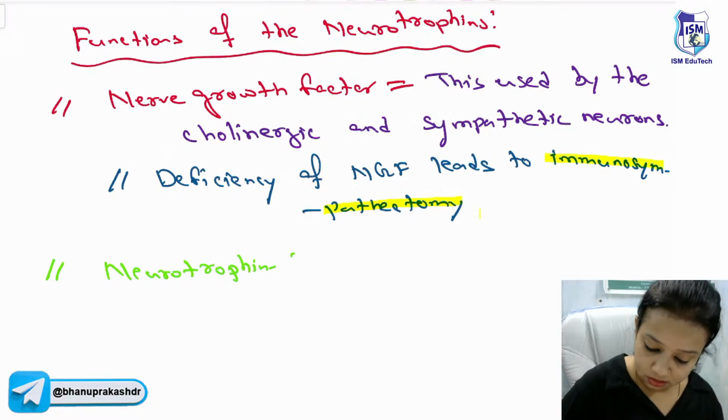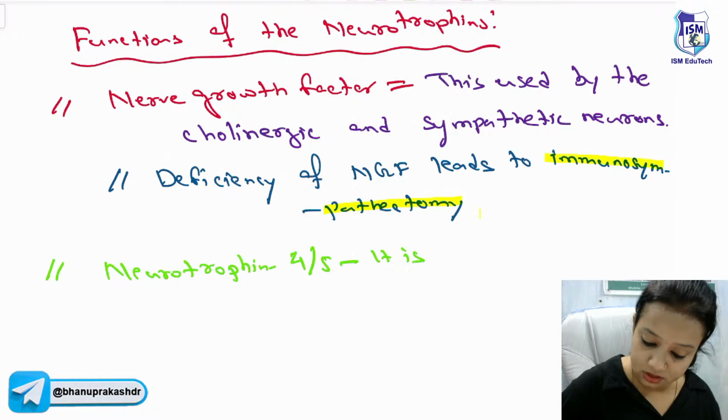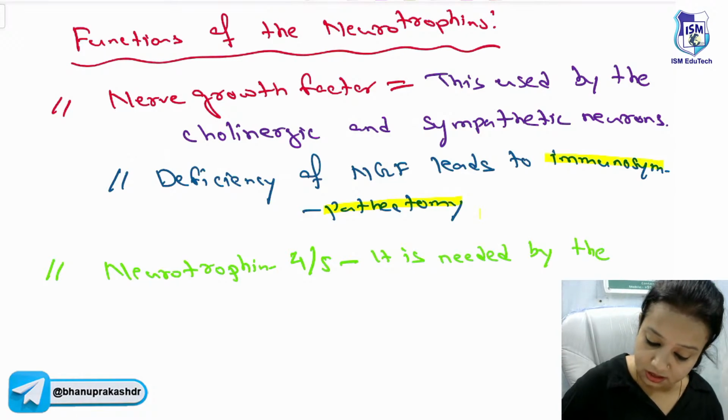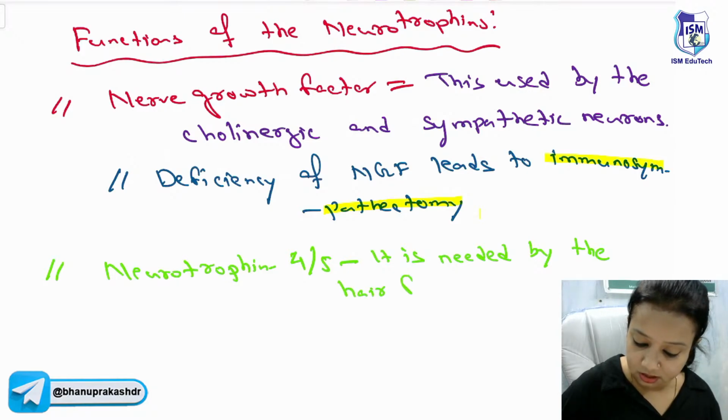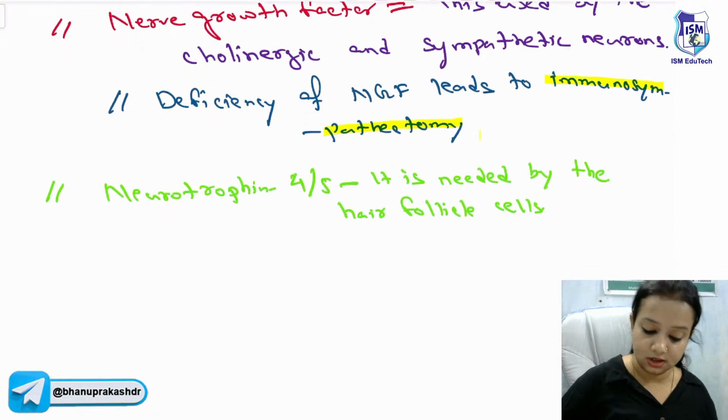The second one that we have is neurotrophin 4 and 5. It is needed by the hair follicle cells for their growth and survival.